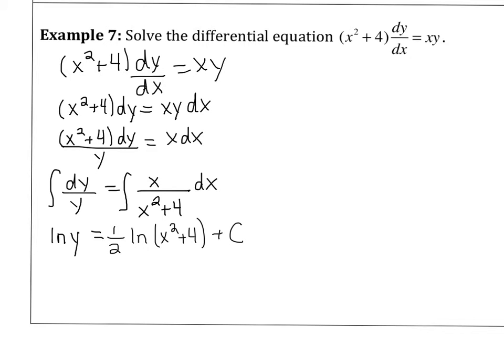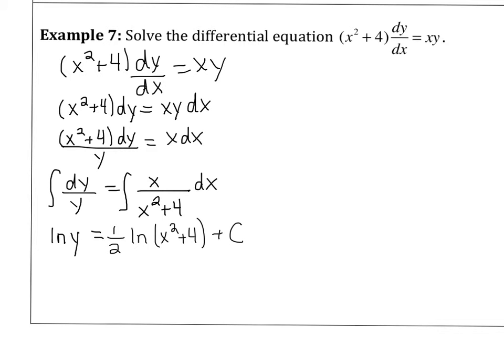All right, now this is great. I have what the natural log of y is equal to, but I'm not so interested in that. I want to know what y is equal to. All right, so how am I going to undo the natural log on y?